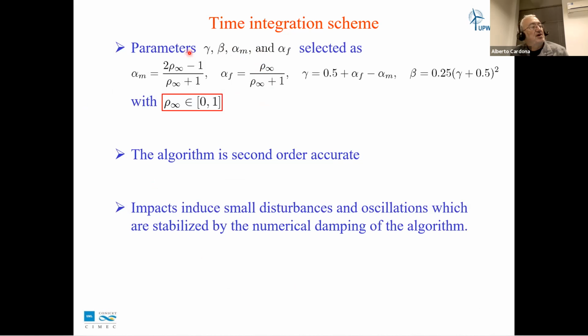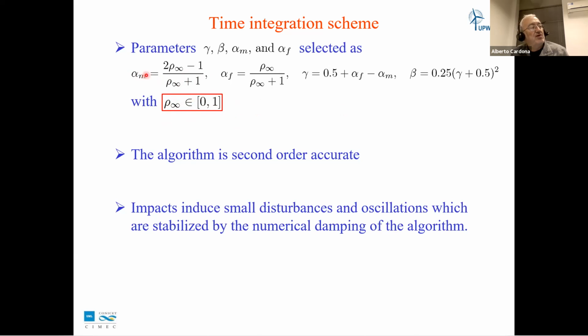They are selected normally in this way. They are all expressed in terms of this rho infinity parameter, which is the spectral radius. And this spectral radius controls the dissipation of the algorithm. I will go back to these parameters afterwards.